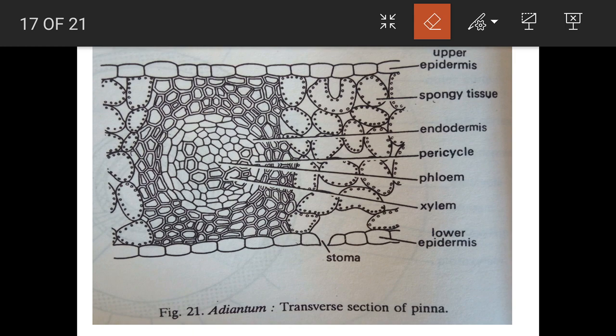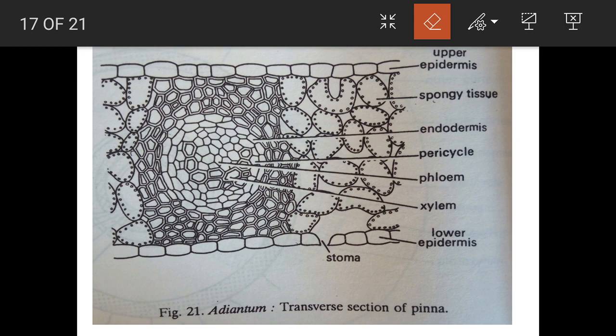And then the stellar portion: in the center the stele is embedded, covered by the sclerenchymatous bundle sheath, and in the center the xylem is present, surrounded by the phloem. That is, we find concentric type of vascular bundles.